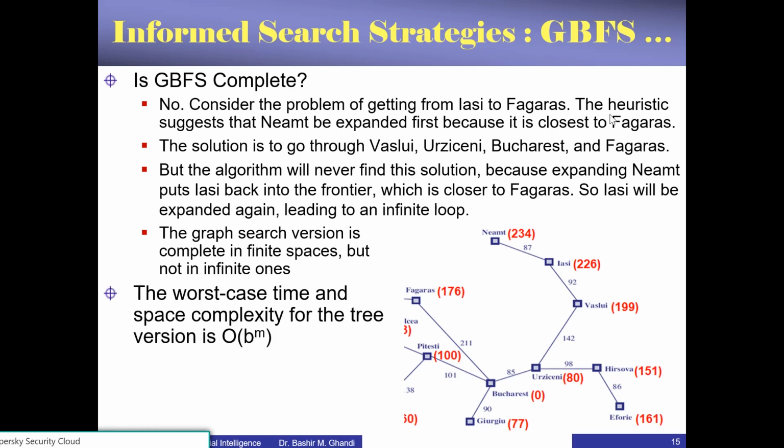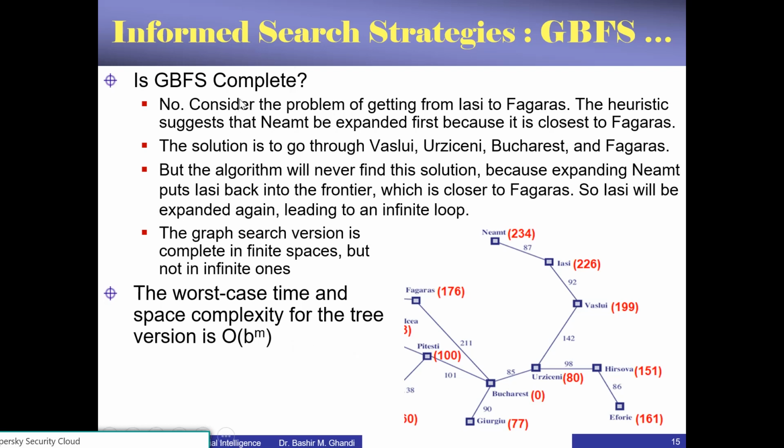What about the complexity in terms of space and running time? Just like the uninformed search, the informed search still has complexity O(b^m). The only thing we are trying to see is if this m can be reduced. Okay, m is the maximum depth of the tree.